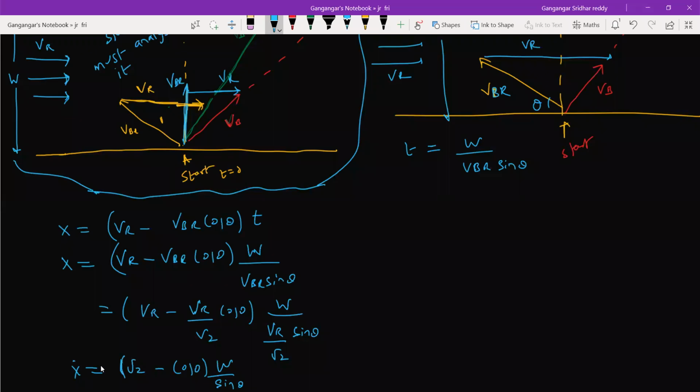So what to do here now? I differentiate with respect to theta. The value of theta will determine the minimum drift here. For some specific value of theta, the drift can be minimum. So differentiating, dx by d theta: root 2 is constant, minus W, you keep as it is, and differentiation of sine theta.